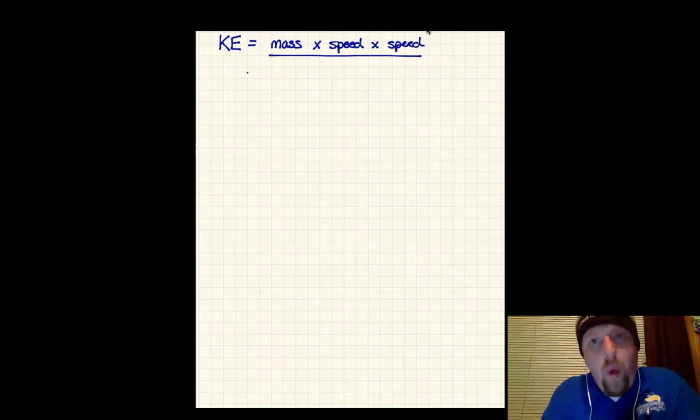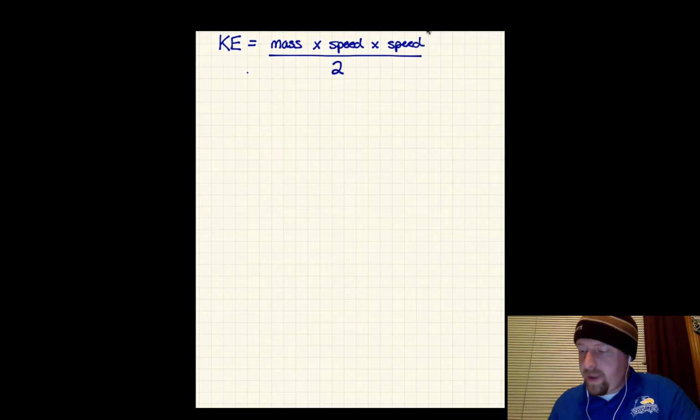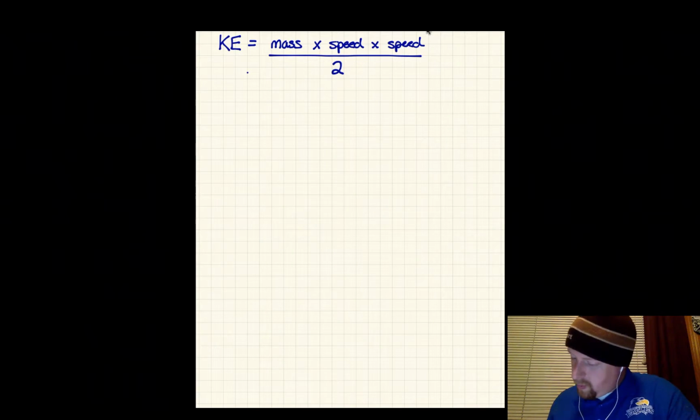One of the things that I really emphasized in the first class, and maybe didn't emphasize as much in the second class, but it is really important, is that all the units that we use are metric units. Mass has to be in kilograms. Speed has to be in meters per second.